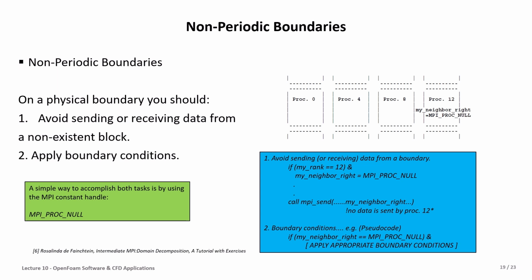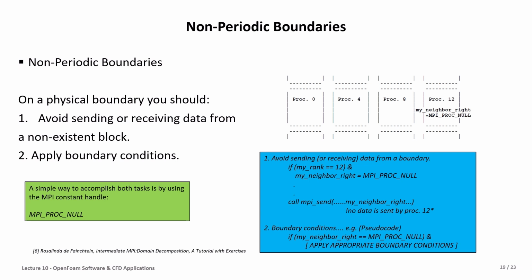There is no block in the neighbor, so there is no information. We need to specify this information for block 12. The easy approach when we are using MPI is to use the MPI constant MPI_PROC_NULL. And here you can see an example in the blue block of how this setup works to avoid sending or receiving data from a non-existent block.